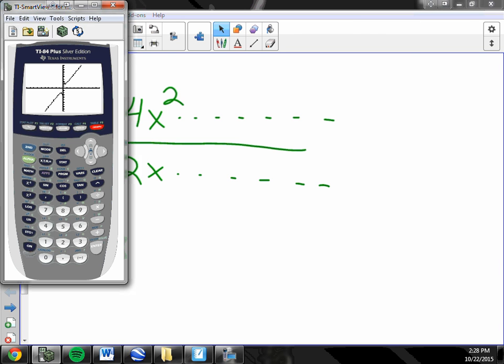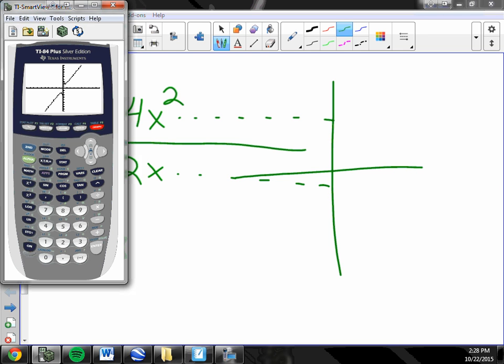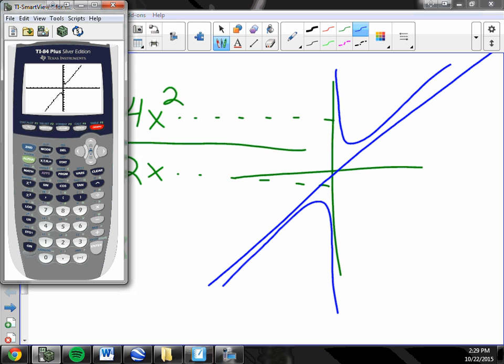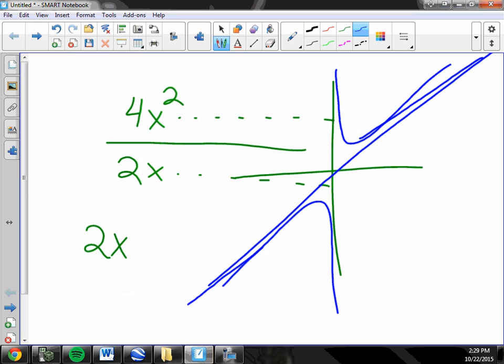So it's a little bit hard to see, but the graph looks like this. It comes up and then drops off, and then it comes down and goes up. And this is the asymptote. We're no longer approaching a point. We're approaching the graph of a line. So this is going to get closer and closer to that line, and this is going to get closer and closer to that line.